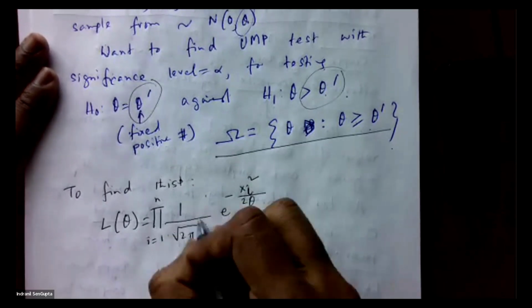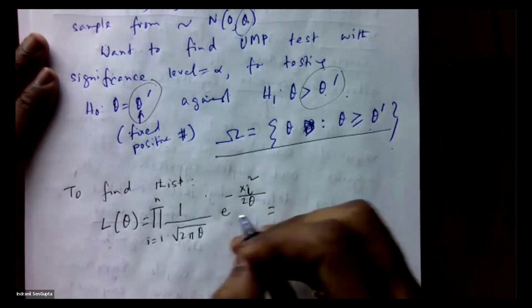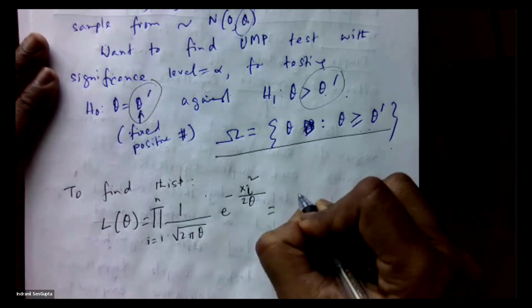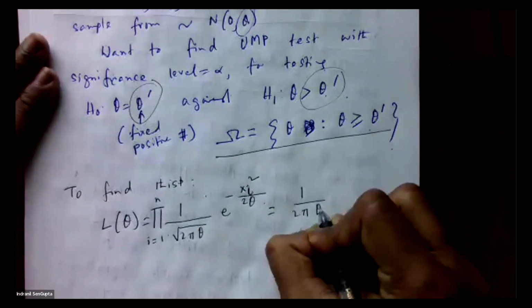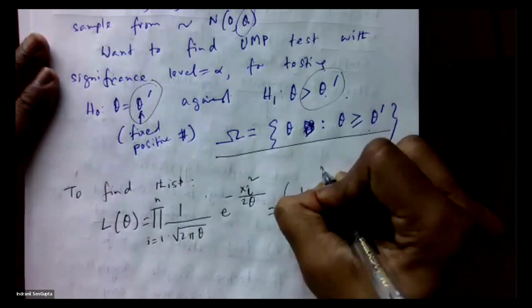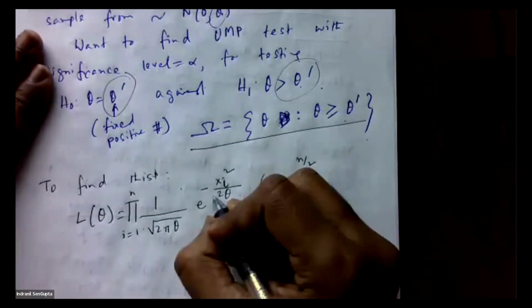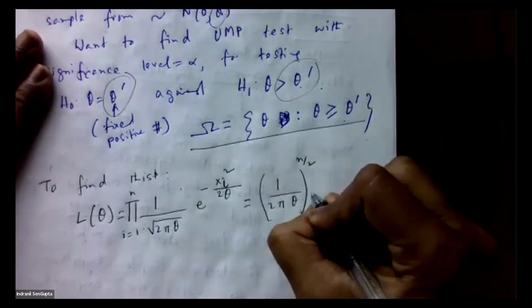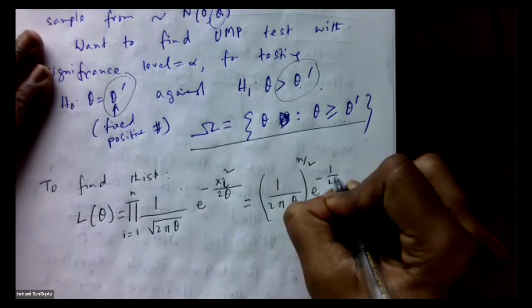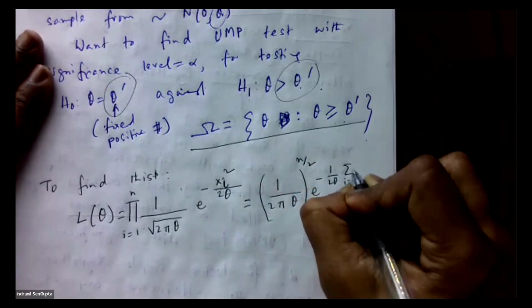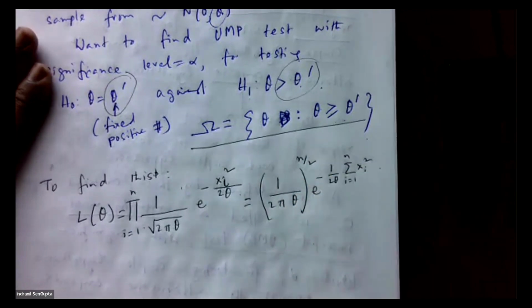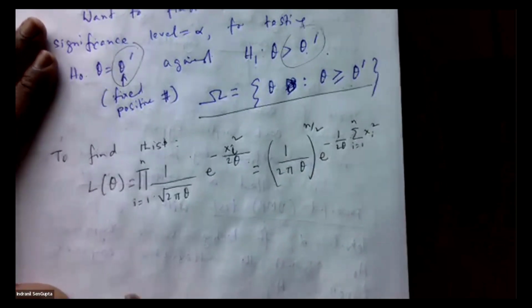So what I get is n of those. So I can write this as 1 over 2 pi theta, and then there's a square root sign, so I can write n over 2. And then this one is becoming the summation, so it's becoming e to the minus 1 over 2 theta summation i from 1 to n xi squared. Okay, so that's the log likelihood function.